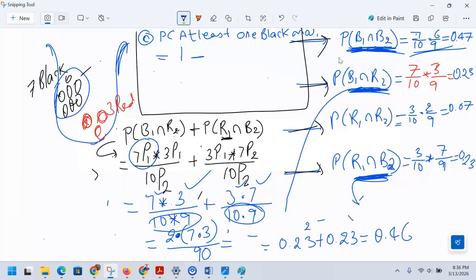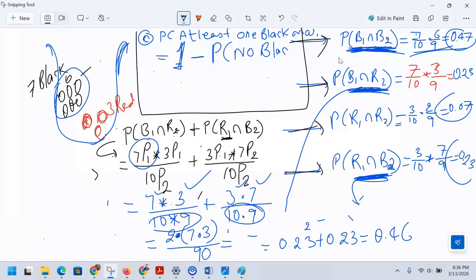So you could add those, this, this, this, and this. But I'm going to use this one: one minus the probability of no black.